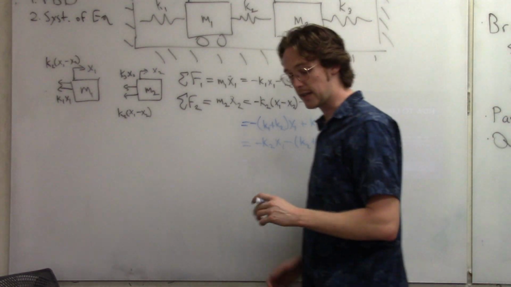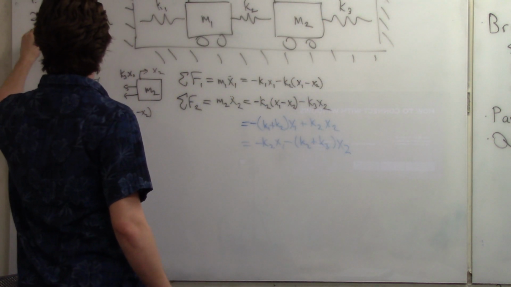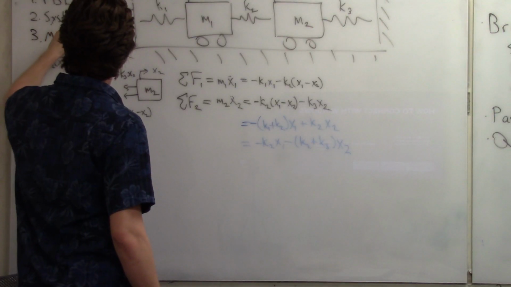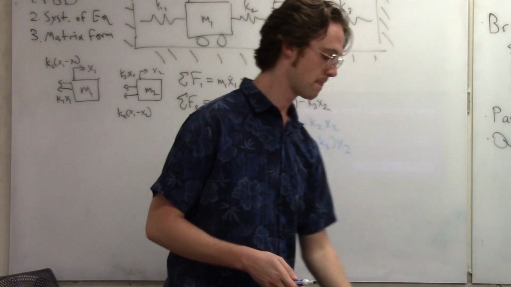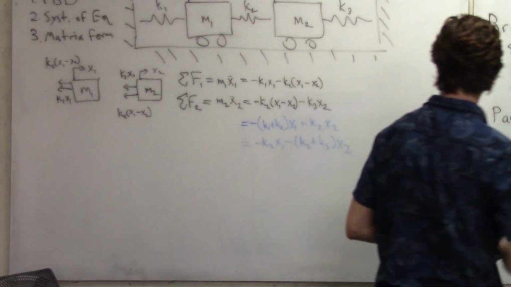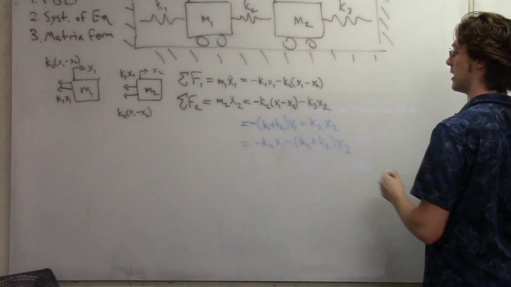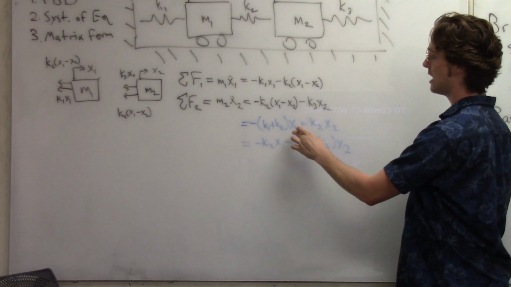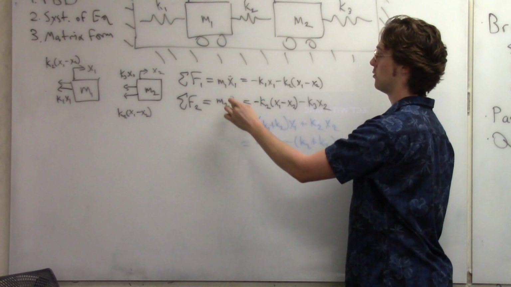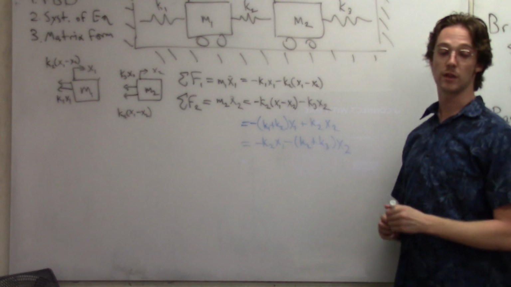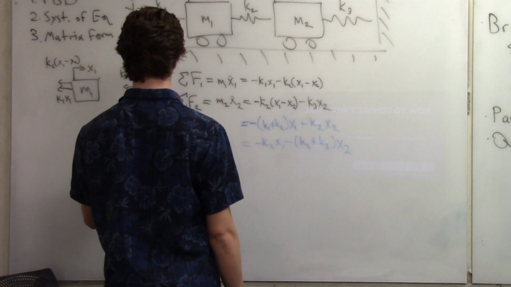Now, the next step is going to be putting it into matrix form. So I can take this blue right here, and since I have an x1, x2, x double dot 1, x double dot 2 in each of the equations, I'm going to rewrite it in matrix form like so.